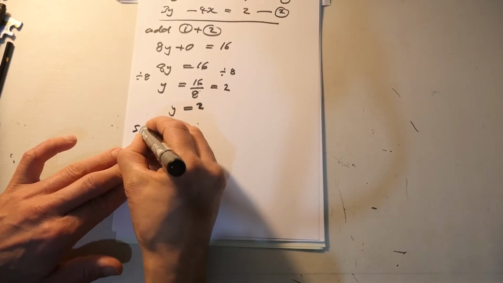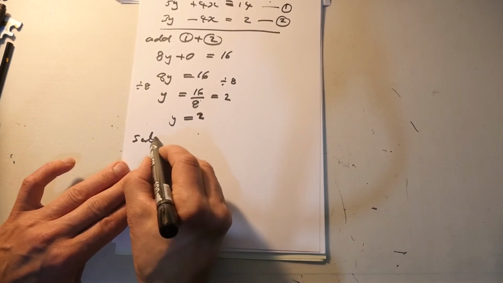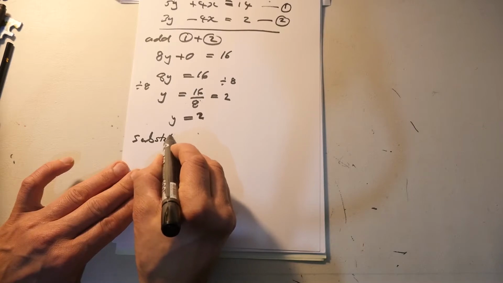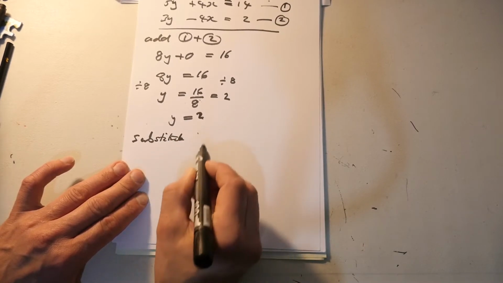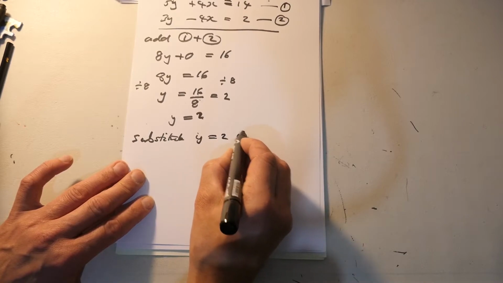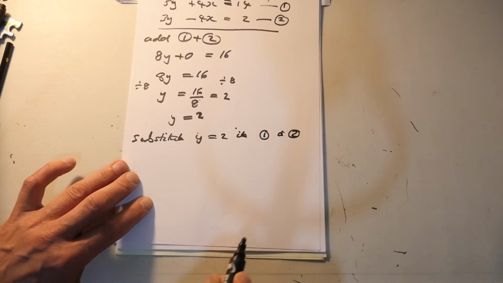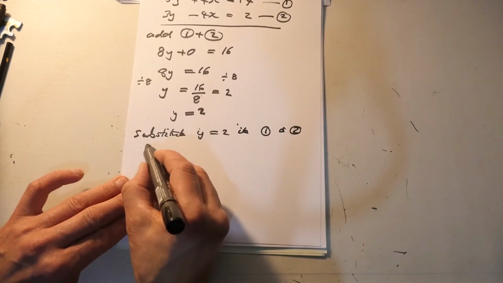And then I substitute y equals 2 into, say, 1. Okay? Or you can do 2 to work out the x value.